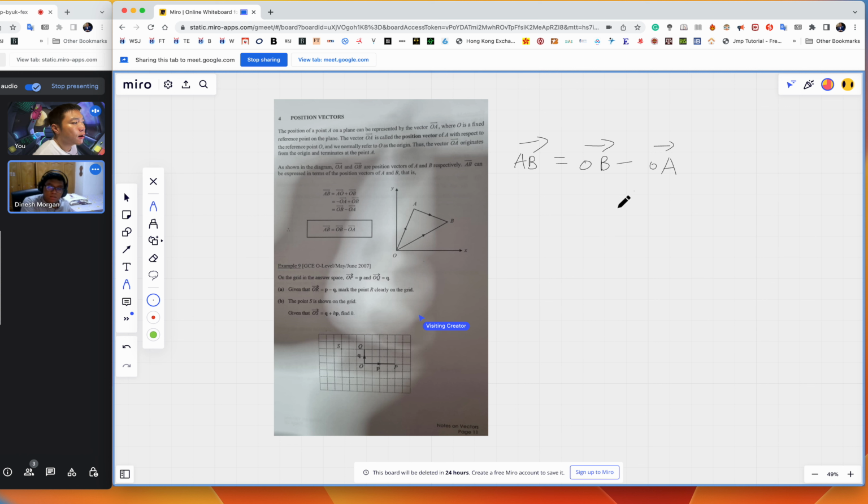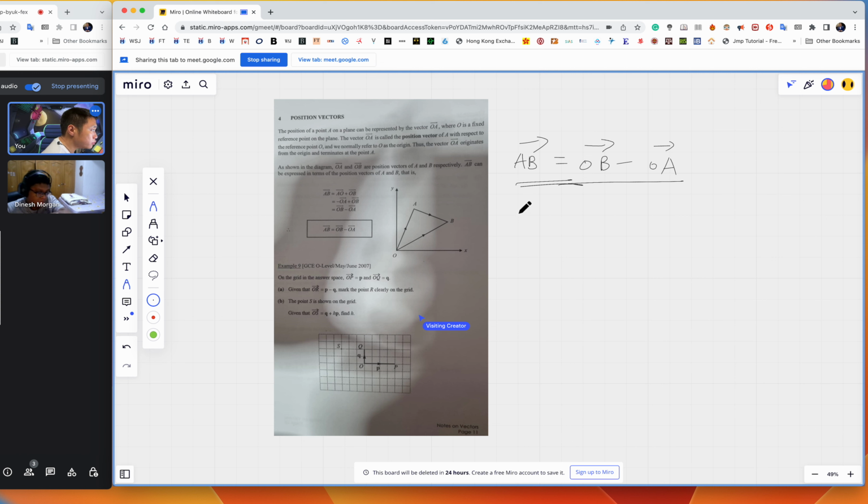Personally, I don't prefer this OB minus OA, because like I always tell my students, if I ask you to memorize, you will forget one day, right? I can never memorize this formula. So how I usually do vectors is I don't do minus. I remember the plus. Let me show you.